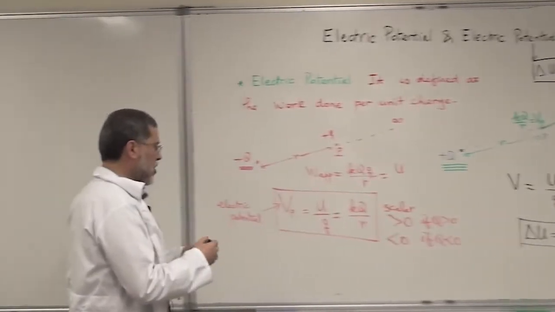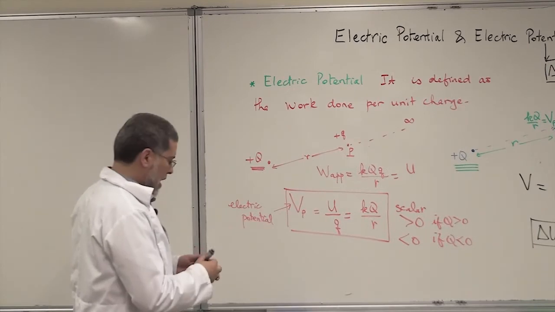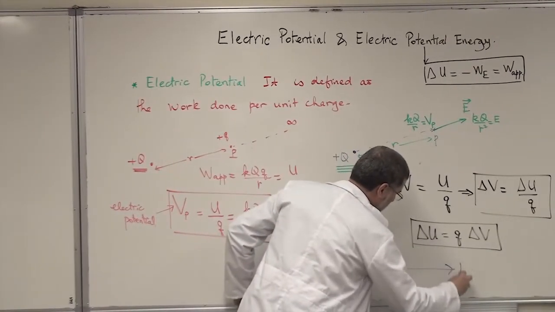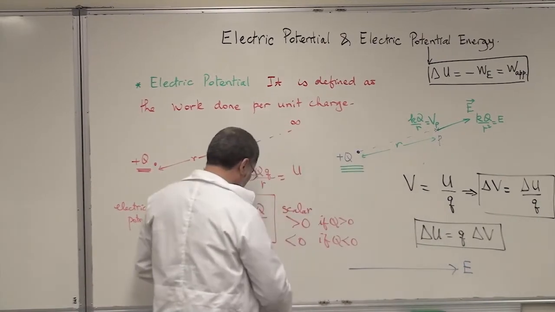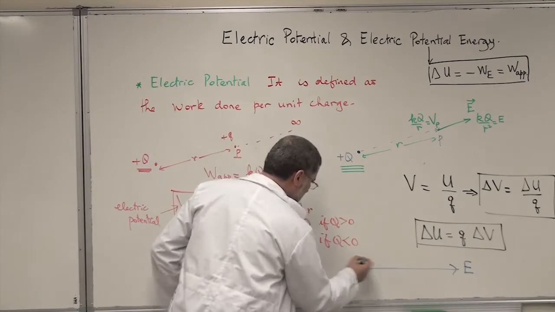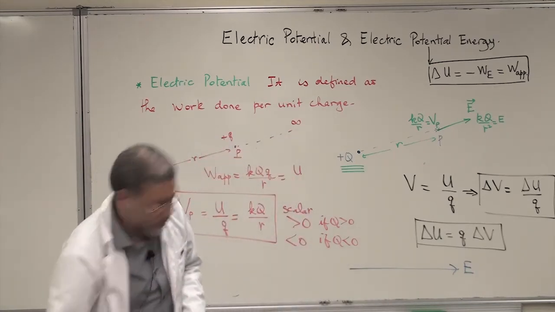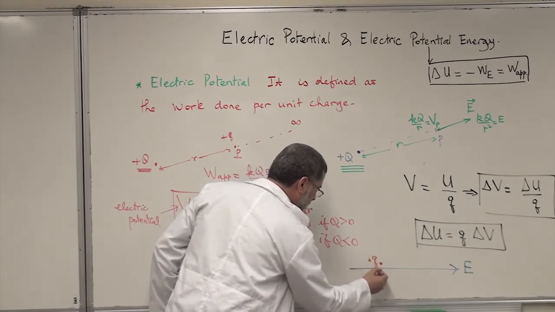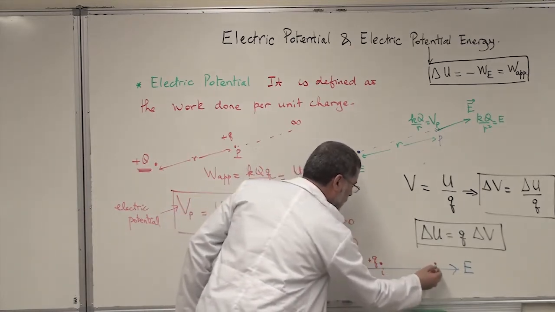Imagine you have an electric field here, and my electric charge is moving. There's a small positive charge q here, moving from this initial position to the final position here.